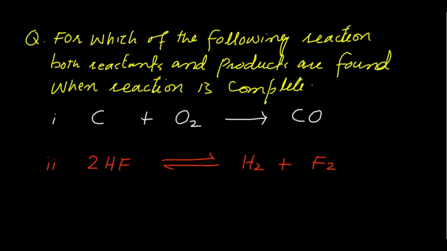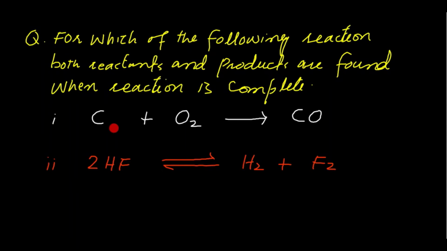The question is, for which of the following reactions are both reactants and products found when the reaction is complete? Two reactions are given in front of us, and we are asked to write the reaction in which both reactants and products are present when the reaction is complete.